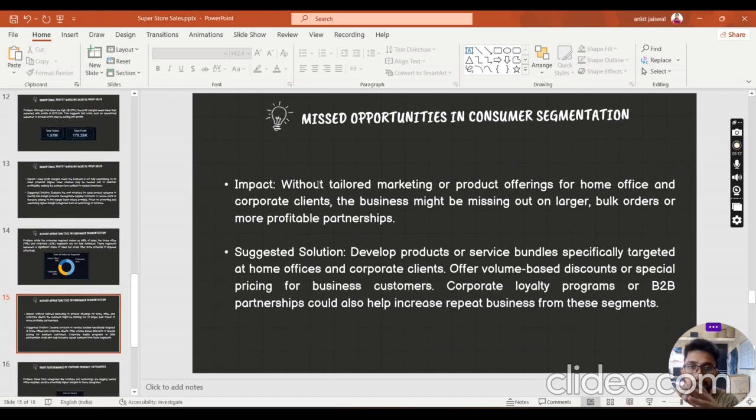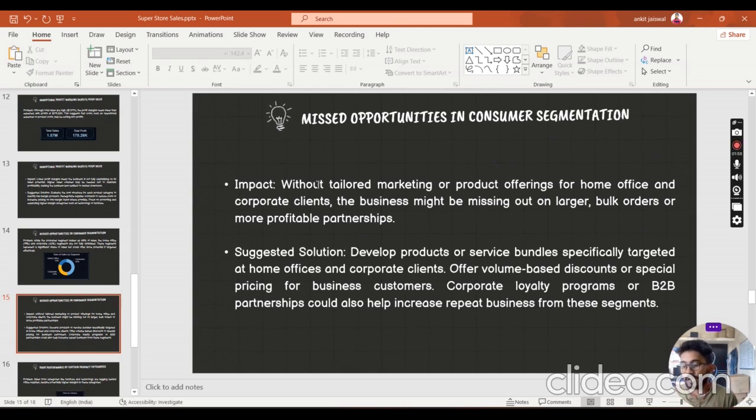Now, the impact could be that without tailored marketing or product offerings for home office and corporate clients, the business might be missing out on large bulk orders and more profitable partnerships. My suggestion could be to develop product or service bundles specially targeted at home office and corporate clients, just as we make digital products for a particular customer segment. Similarly, the store should develop a bundle of products mainly targeted at a corporate professional.